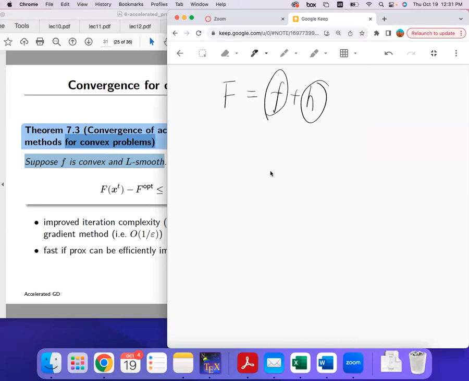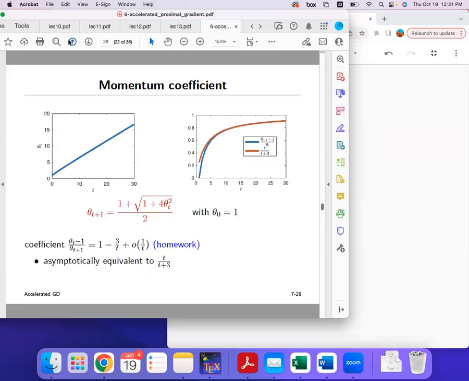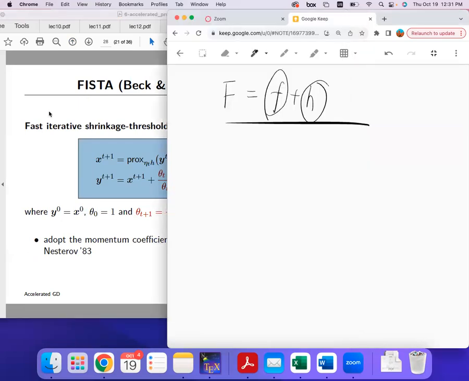Normally, it is a regularizer. So we apply this algorithm to solve this problem.